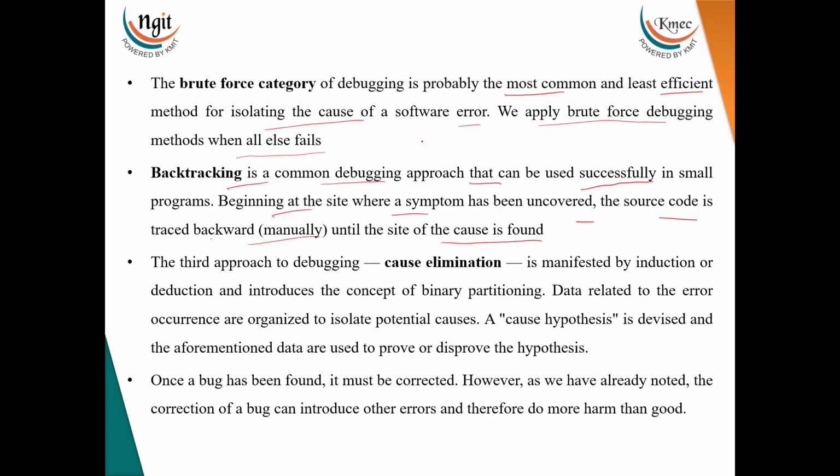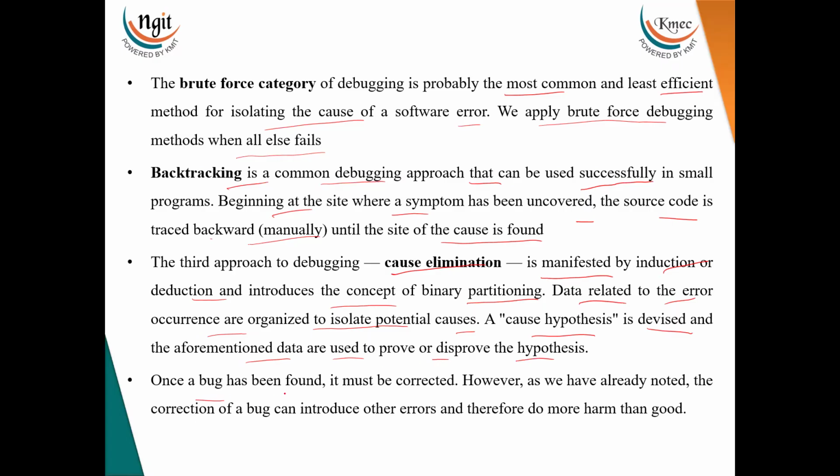Next, the third approach to debugging is cause elimination. This is manifested by induction or deduction and introduces the concept of binary partitioning. Data related to the error occurrence are organized to isolate potential causes. A cause hypothesis is devised and the aforementioned data are used to prove or disprove the hypothesis.